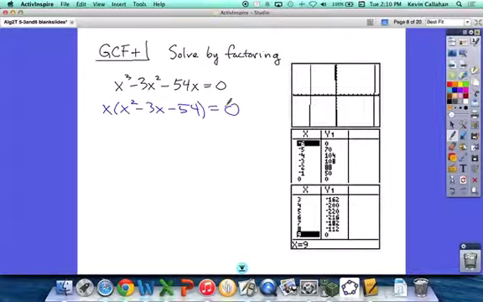Okay, now what's inside parentheses, is that factorable? Can you think of factors of negative 54 that add up to negative 3? Negative 6, negative 9? You're close. Negative 9, positive 6.